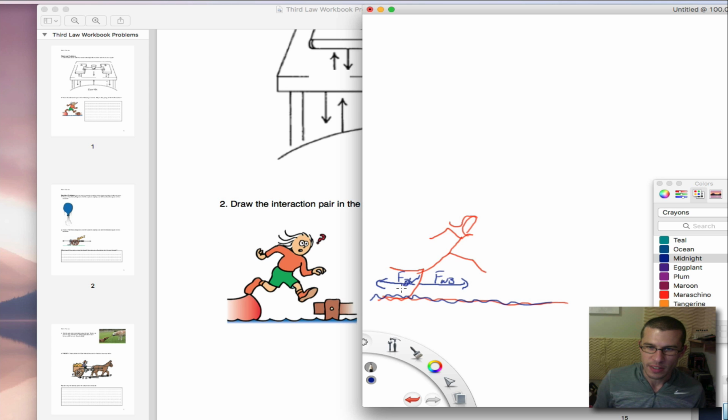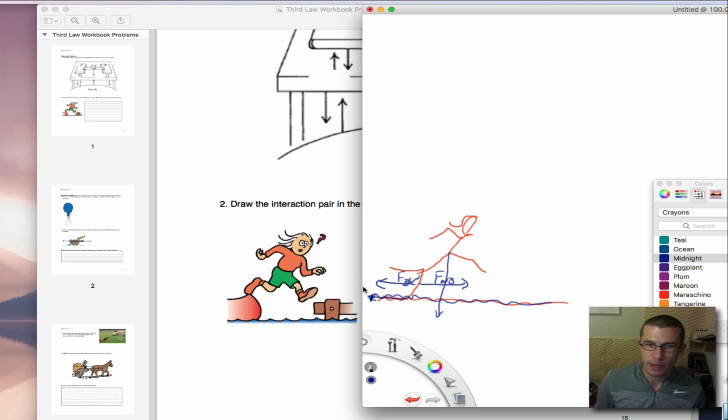Since this has very low friction, the boat simply slides out from underneath her, and because it's not anchored anywhere, she just drops straight down. That's what is going to happen.